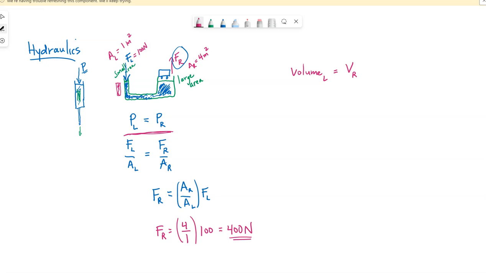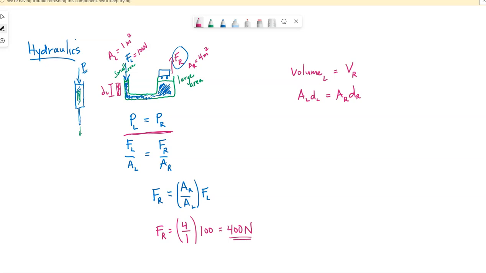So the cross-sectional area times the distance, however far that portion ends up moving, has to equal that cross-sectional area on the right side times the distance moved.